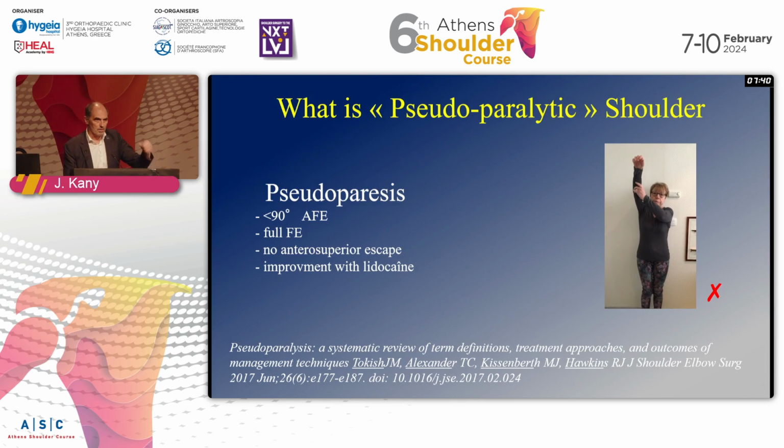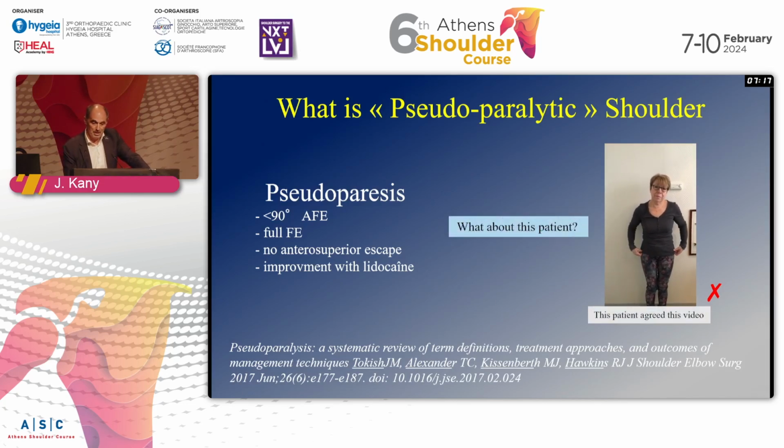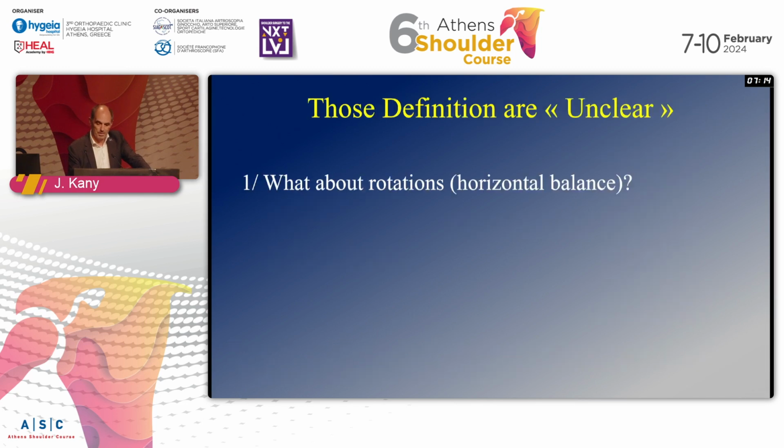Now we're going further into the crazy definitions because we disagree, and now we are talking about pseudoparalytic shoulder. So this is the definition, but look at this patient, she has more than 90 degrees of elevation. She has a screw head, but the problem is the pain, and I think this definition is probably not the good one for this patient too.